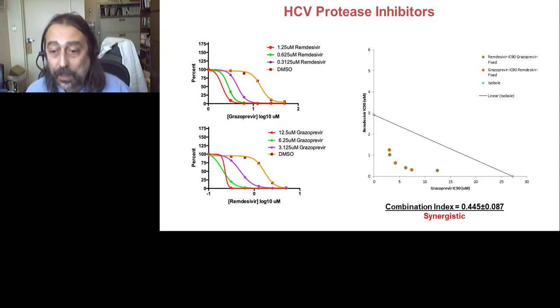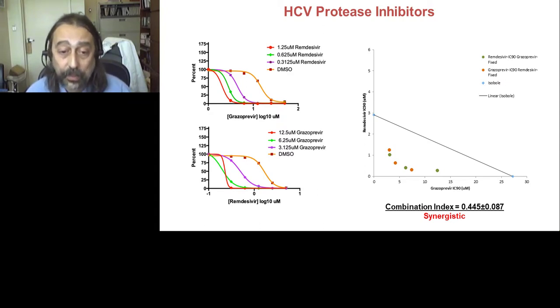This can be seen in what is called an isobologram, shown here, in which you put the concentration of remdesivir at IC90 and the concentration of grazoprevir at IC90, giving one constant and the other variable. They are more efficient at inhibiting viral replication when you put them both together than separately.